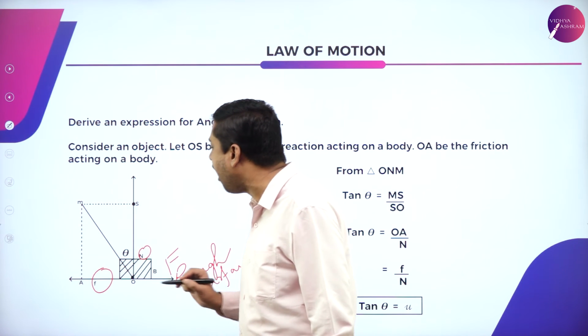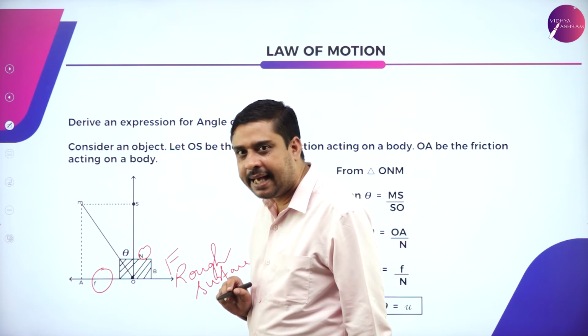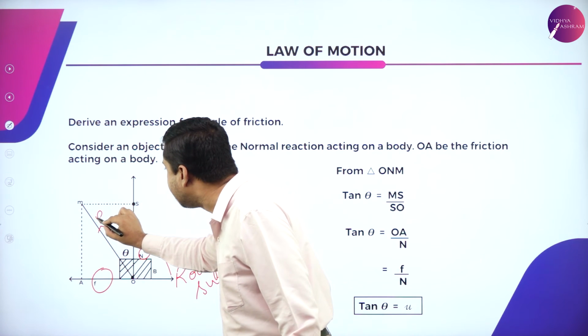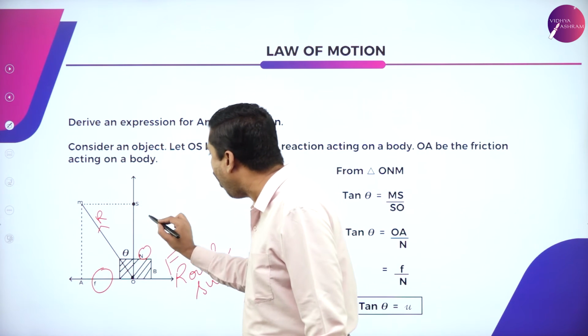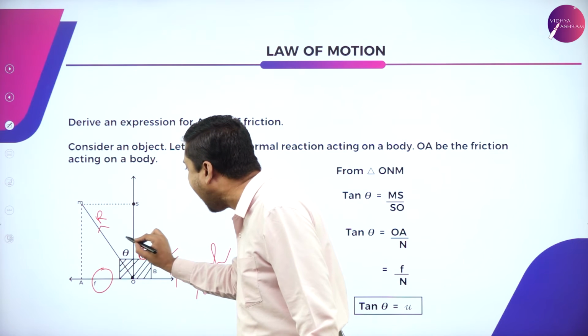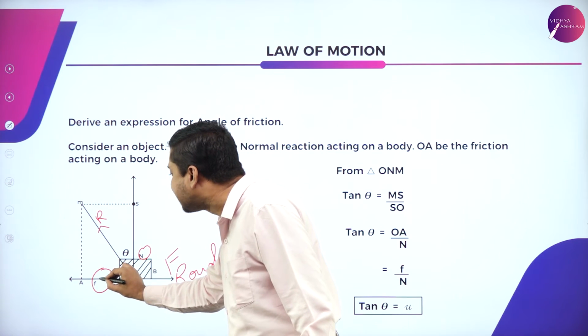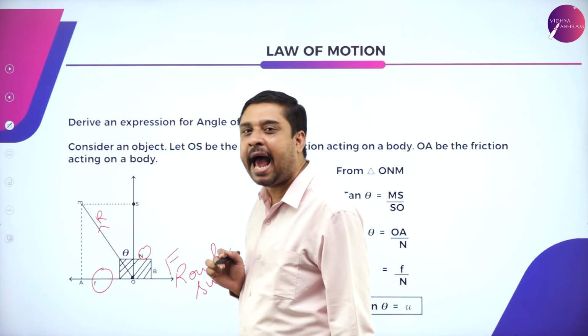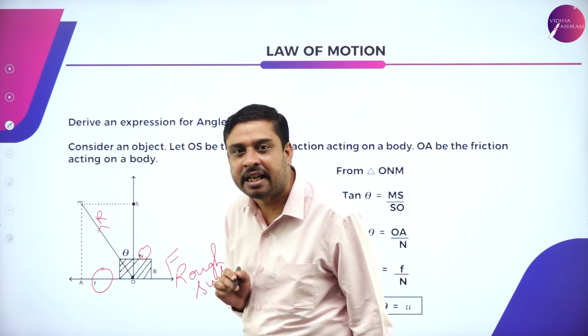What is theta? The angle between the normal reaction and the resultant of the normal reaction and static friction is called the angle of friction.